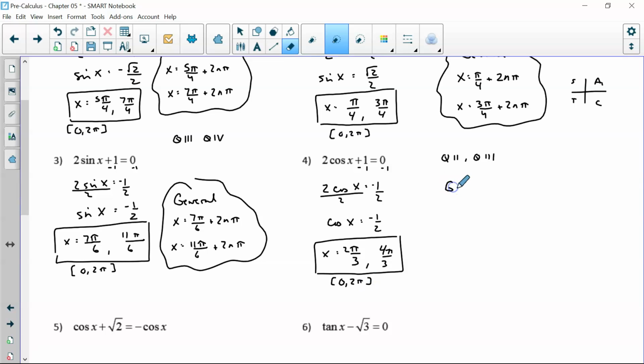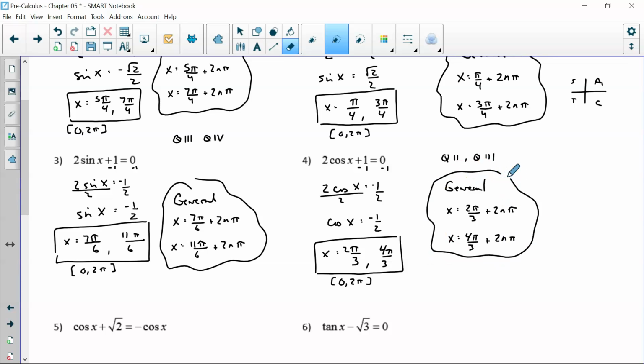Now for our general solutions. What we have here is that x equals 2 pi over 3 plus 2n pi. And x equals 4 pi over 3 plus 2n pi. And there is the general. That would be all of the possible solutions in that form.